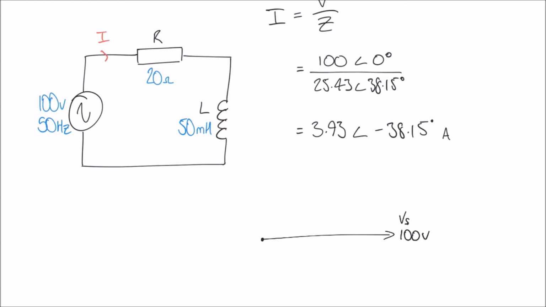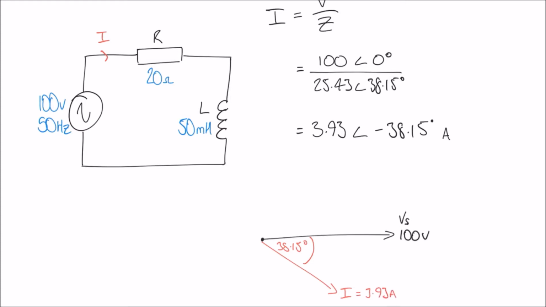Now, I don't have a protractor to hand, and this is just going to be a rough guess, but you can see the general idea. I'm going to mark on this angle as being 38.15 degrees, tilting downwards because it's a negative angle, and I is equal to 3.93 amps.